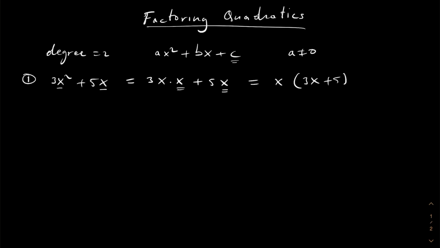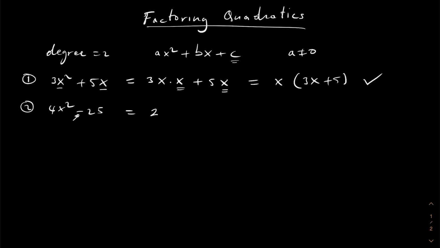Next example here, what happens when the middle term bx is missing? Then what you have is something like 4x squared minus 25. And because this is negative in the middle, you can look at this as a difference of squares.